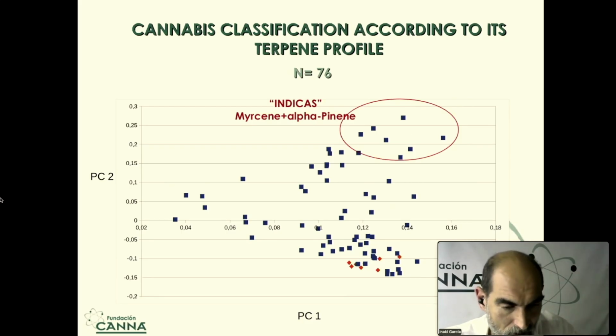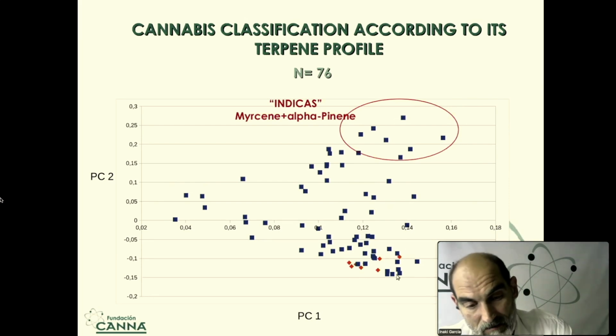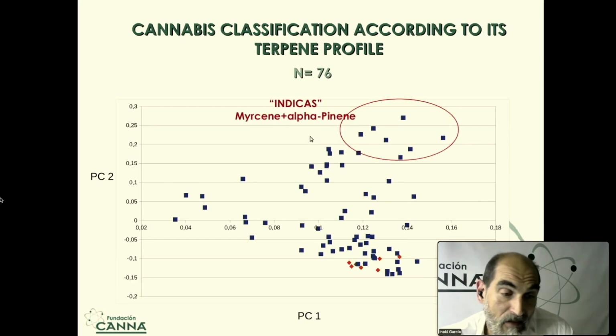Okay, the plants that are at the bottom of the graph are plants that don't have myrcene, or if they have it, in very, very small quantities, and they have other terpenes that we will see later, okay?